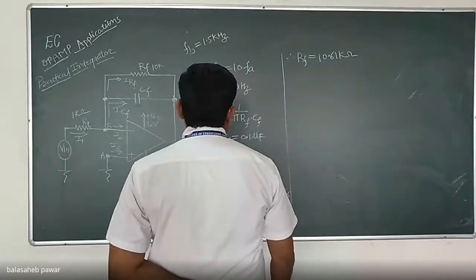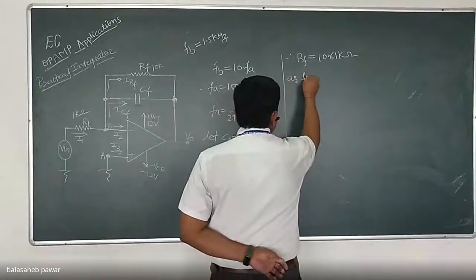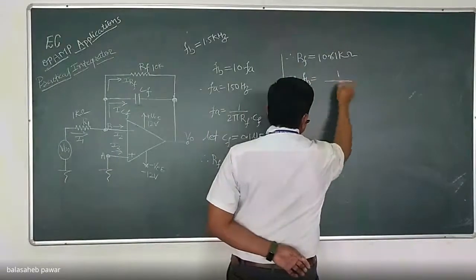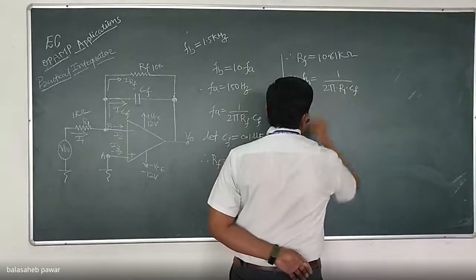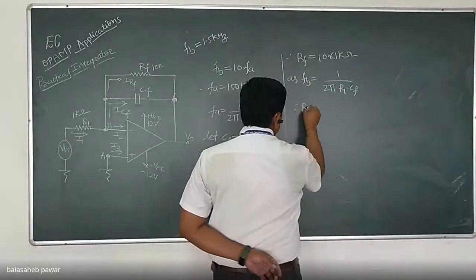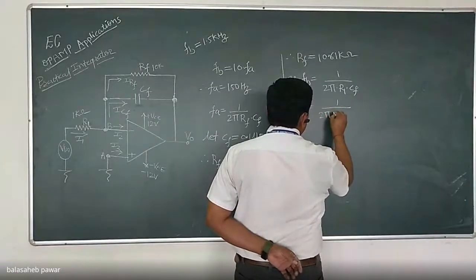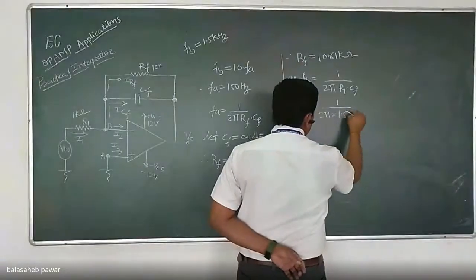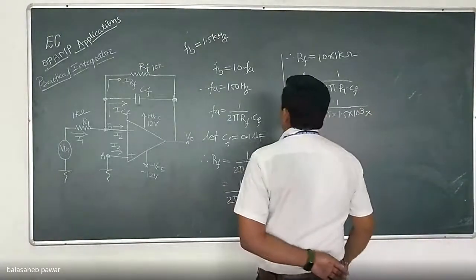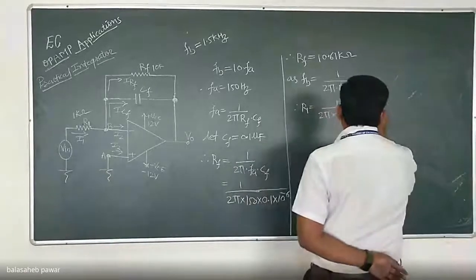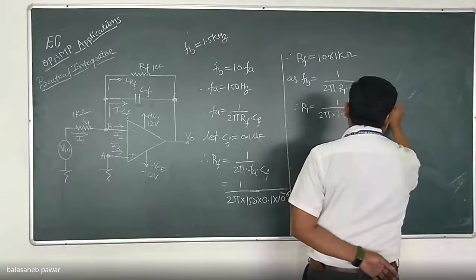Next, FB equals 1 upon 2 pi into R1 into CF. Therefore, R1 equals 1 upon 2 pi into FB, which is 1.5 kilohertz, into the capacitor of 0.1 microfarad, so 0.1 into 10 raised to minus 6.